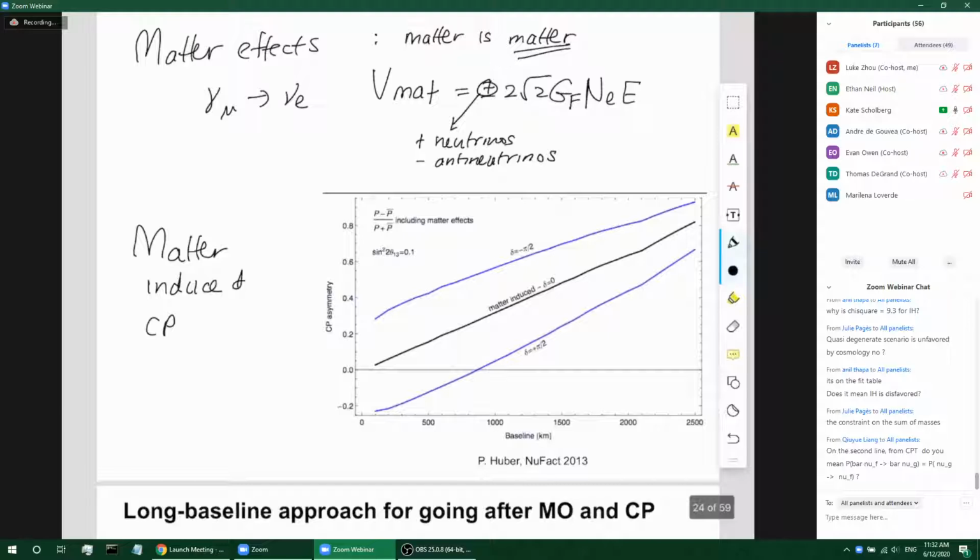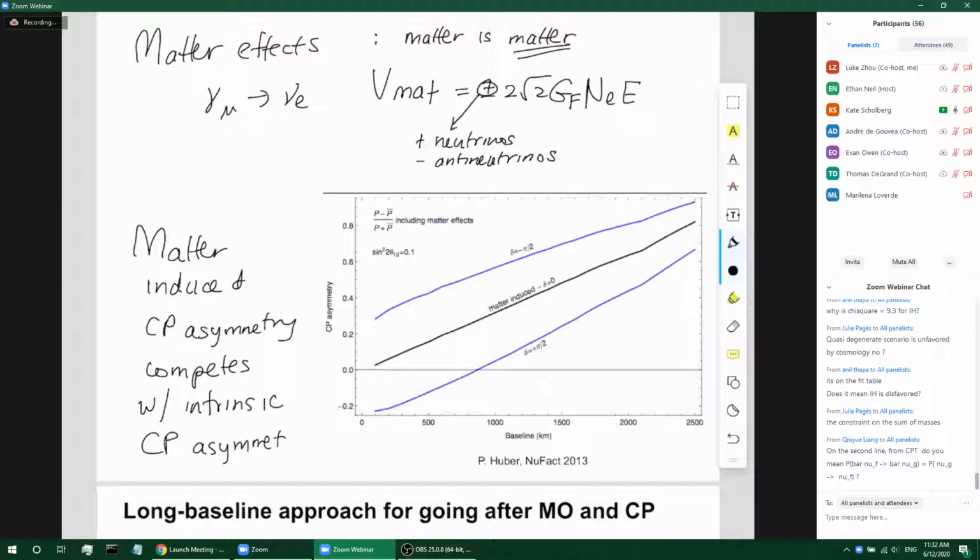All right. Here we've got a matter-induced CP asymmetry that competes with the intrinsic one, the one that's driven by the complex phase in the PMNS matrix. And so the whole thing is a bit of a big mess. This plot is an example showing a CP asymmetry, defined as the probability of transition for neutrinos minus that probability for antineutrinos, over their sum.